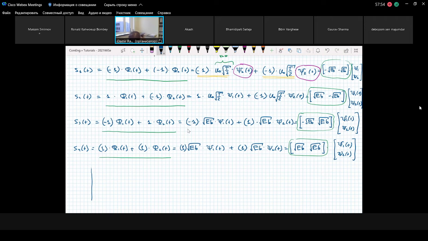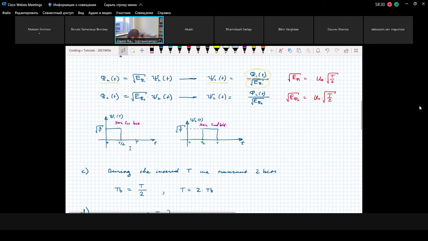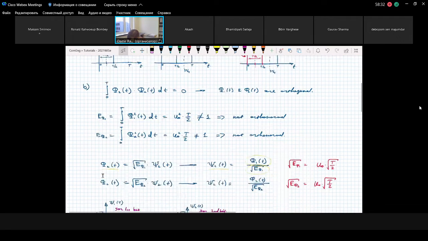And we can show the first signal, S1 of t, and we have capital T over 2, 0. So we have minus phi1 of t, and originally phi1 was a positive pulse from 0 to capital T over 2 with amplitude u0.